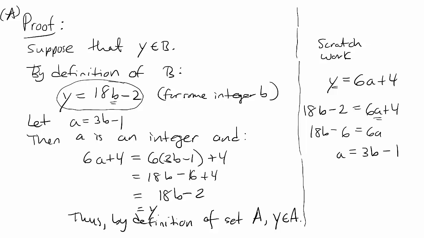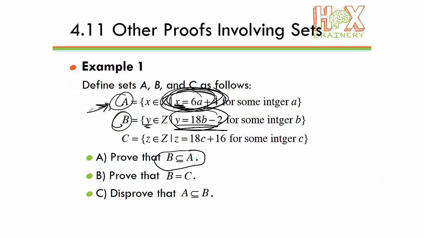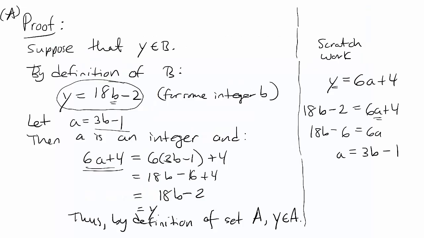Then you picked some integer a of this form, 3b minus 1, and you used the definition for set A. When you replaced the a with what it was equal to in terms of b, 3b minus 1, and simplified, you just got back the value y, which was an element in B. We started with 6a plus 4, which was the definition for an element in set A. And we should end with a little QED or a little box to let the reader know that the proof is over.